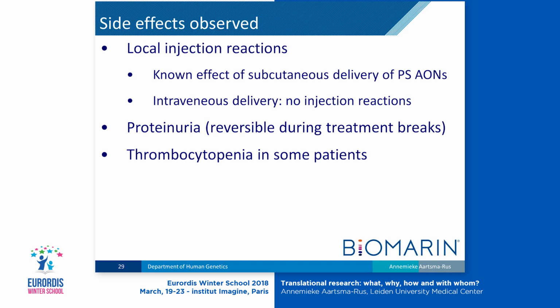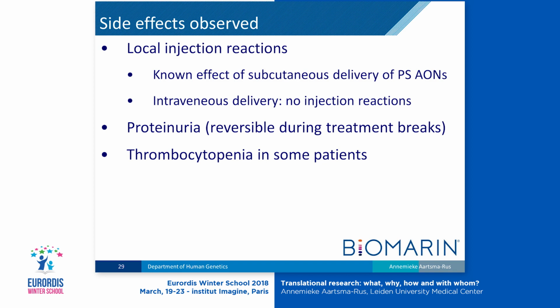So then all these trials were done, and in all of them, local injection site reactions were observed. I mentioned it once, but imagine this was happening in all these trials. And we know now that this is a side effect of the subcutaneous delivery of our chemistry of AONs.